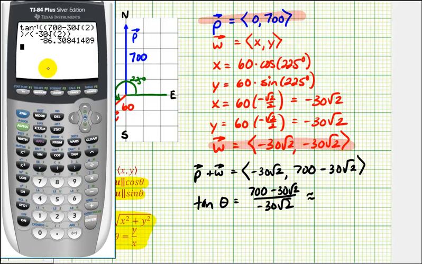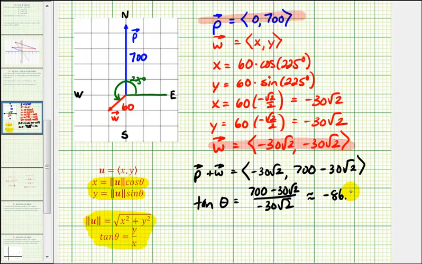So notice how theta is approximately negative 86.31 degrees, but this is actually in the fourth quadrant, but we can use this to find our angle in the second quadrant. Again, the calculator gave us this angle here in the fourth quadrant. But since we know the tangent function value is also negative in the second quadrant, and that's where our angle should be, if we sketch an 86.31 degree reference angle in the second quadrant, we can find the angle we need in the second quadrant.